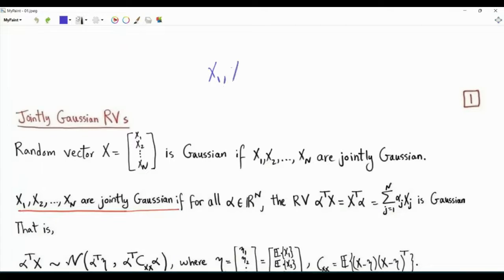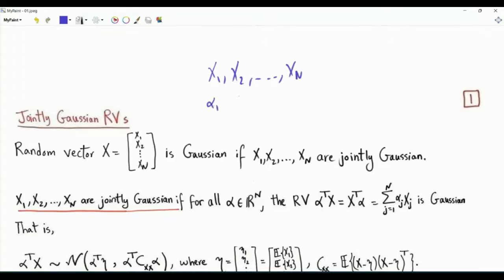Random variables x1, x2, all the way to xn are jointly Gaussian if any linear combination of those random variables yields a Gaussian random variable.